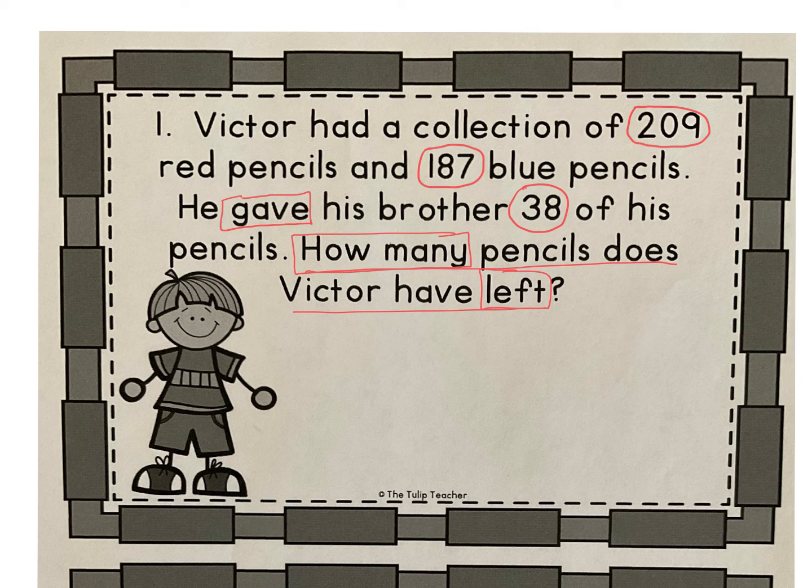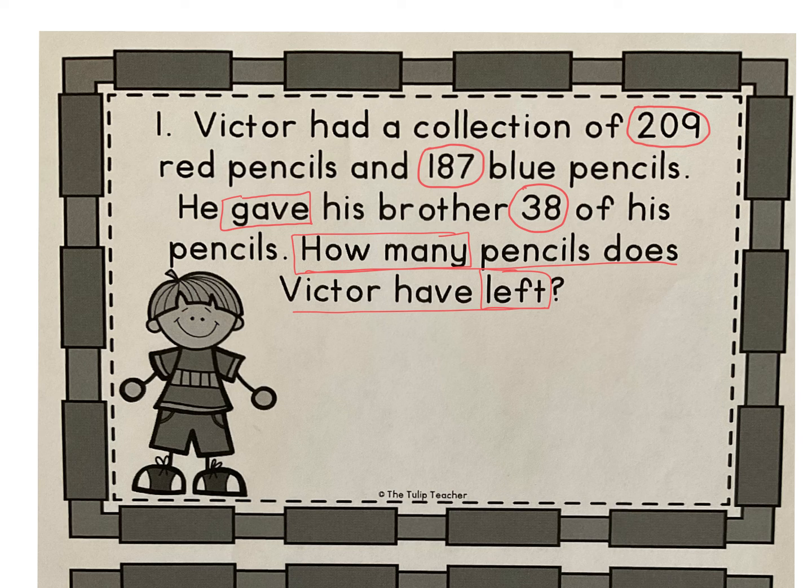We already know one of the questions, and one of the questions is how many pencils does Victor have left? But the other question we need to know and we need to answer is how many pencils did Victor start with? So before we can figure out how many he has left, we have to figure out how many he started with. So then we want to decide what 2 operations we're going to use. Are we going to add, subtract, multiply, or divide?